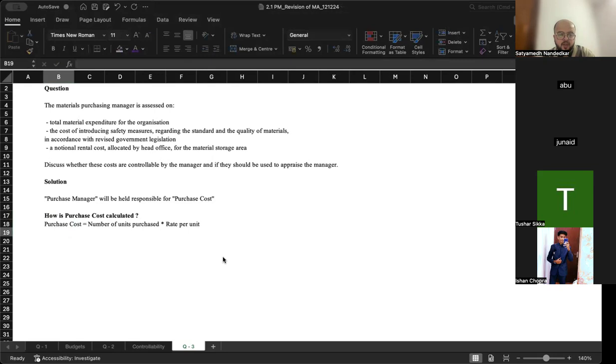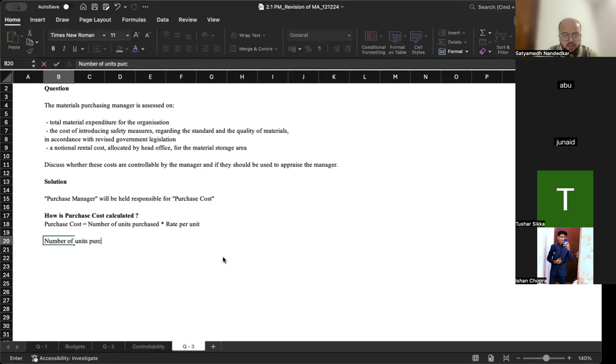Now, the material used, how much material is used in the production process, that will determine how many units are purchased. Number of units purchased will be affected by the number of units used in the production process.